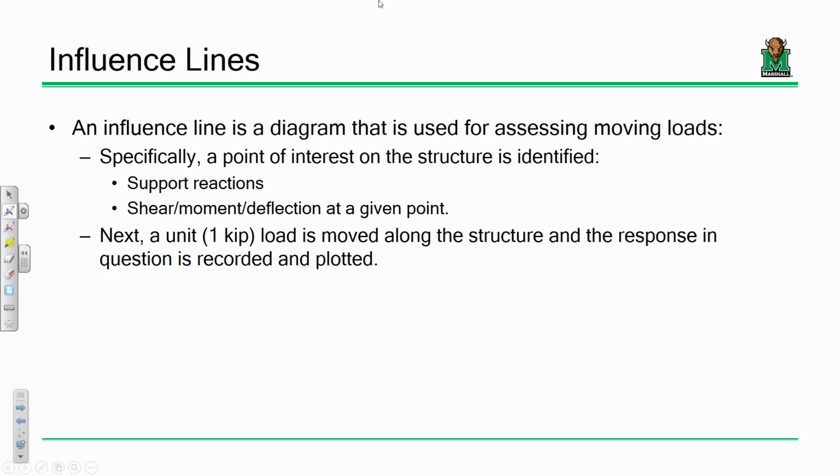Now, I know it's been at least a year since you all have seen this, so just to make sure everybody remembers what an influence line is and how you construct it, you start off by identifying a key point of interest on the bridge. A key point of interest is like a support reaction, a shear at a given point, a moment at a given point, etc. In bridges, we tend to identify those key points of interest as what we call 10th points.